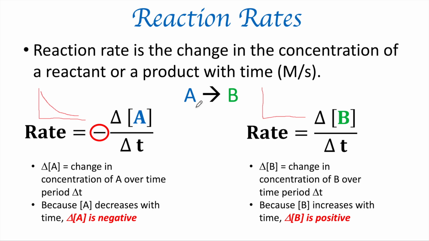When the reaction first takes place, there is no B, so you have very little of it. As time goes on, you have more and more, so it tends to curve upward and you end up with a positive slope. That's the reason this has a positive value. Sometimes we ignore the positive and negative if we're looking at absolute terms. But technically, reactants will always be negative and products will always be positive, because you're losing material and gaining material.